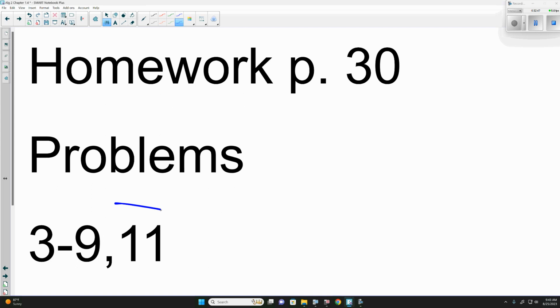Question number 11. You have to state and fix the mistake. Because if you read the instructions, it does say error analysis in exercise 11: describe and correct the error in interpreting the slope in the context of the solution.